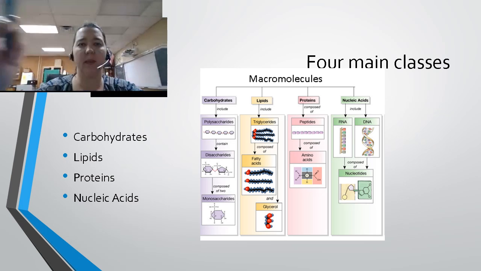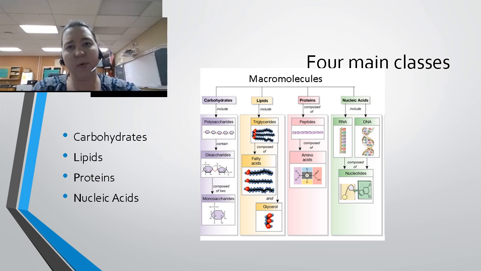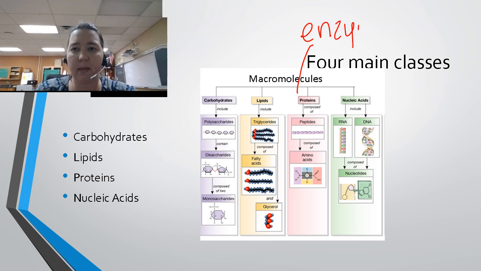and so forth. Remember, there are 4 main classes of macromolecules: carbohydrates, lipids, proteins, and nucleic acids. We touched a little bit on proteins last chapter when we discussed enzymes. Okay, we're going to talk a little bit more about proteins in a couple of lectures when we talk specifically about how proteins are made.